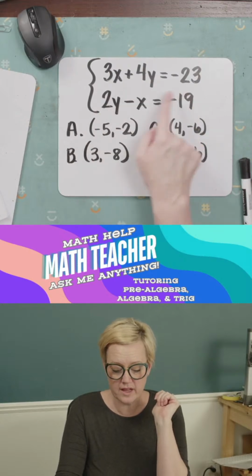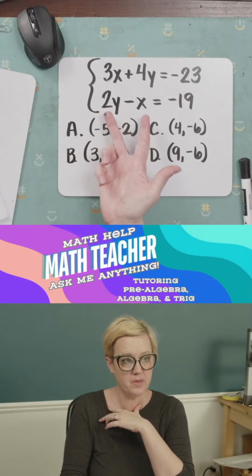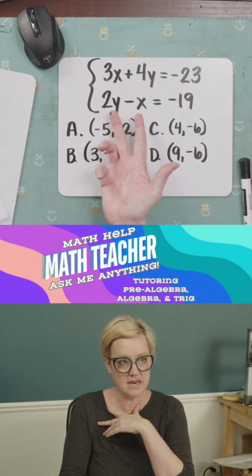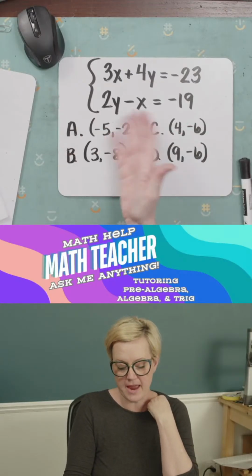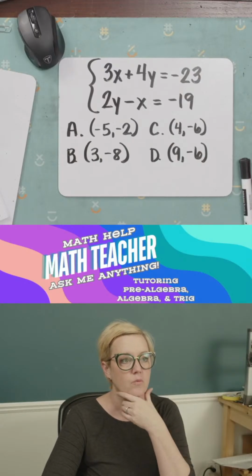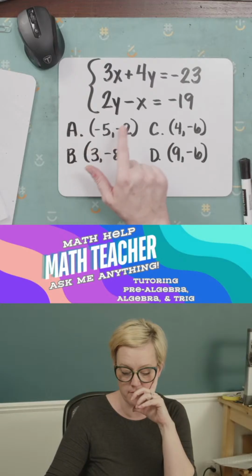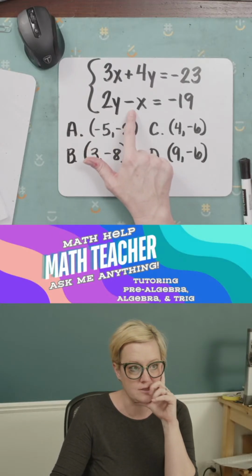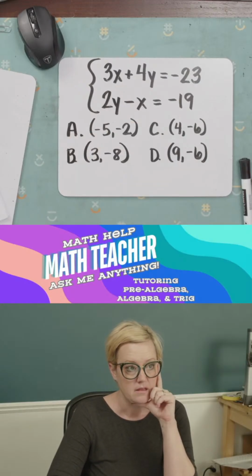It doesn't really lend itself to elimination because I would have to flip the order and then multiply one of them by a number to cancel out one of the variables. I could do it with substitution, solving this one for x and substituting it in up here.